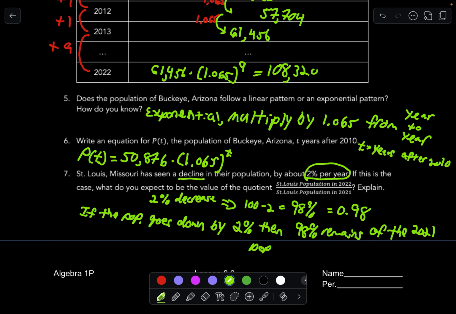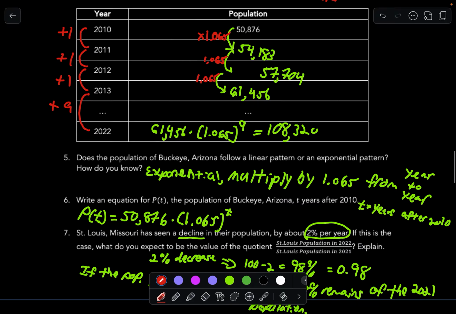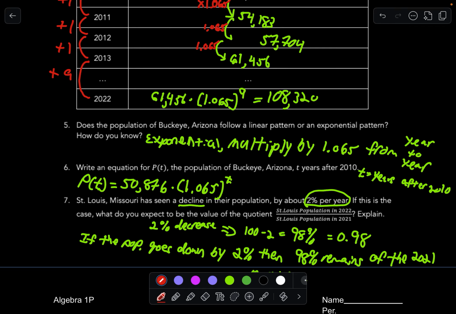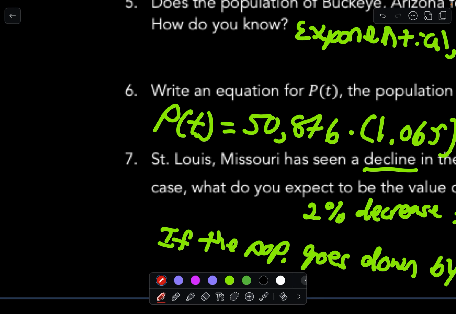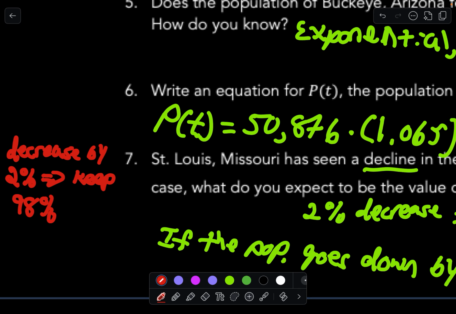Okay. Population. Okay, so what you should get from this is that a decrease by 2% means we keep 98% of the previous population.